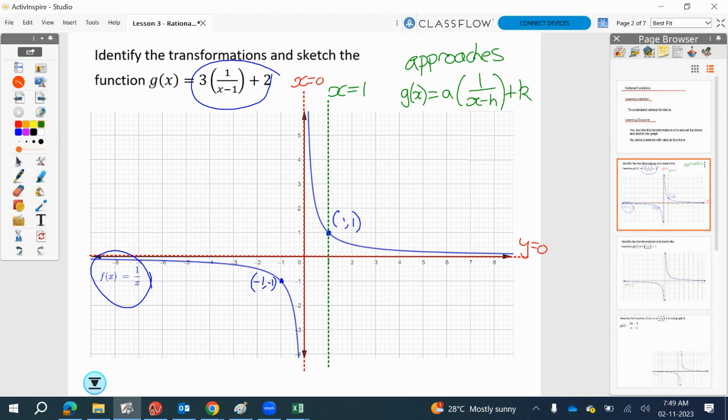So this has a horizontal shift right 1. So we shift horizontally right by 1. That's the first transformation.